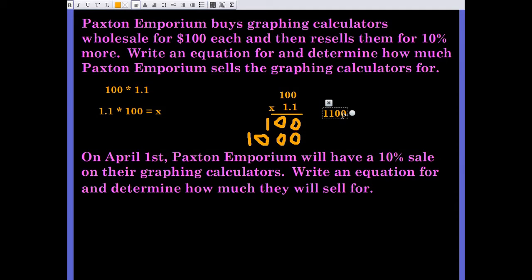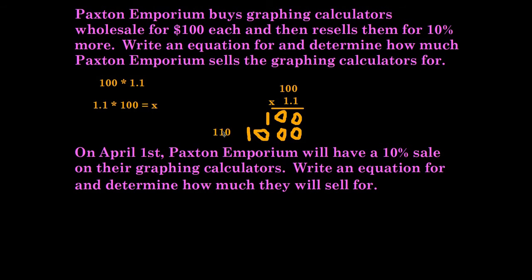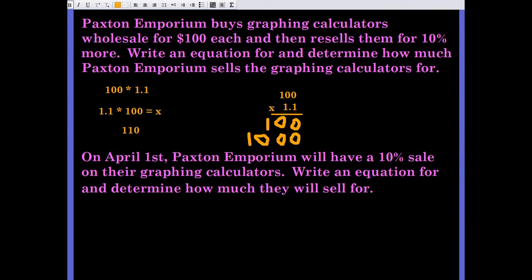I've only got one digit to the right of a decimal, so I'm going to put my decimal right here, which, since it's followed by a 0, I can actually just get rid of all of that, and 1 and 1/10 times 100 is 110. So X is 110.